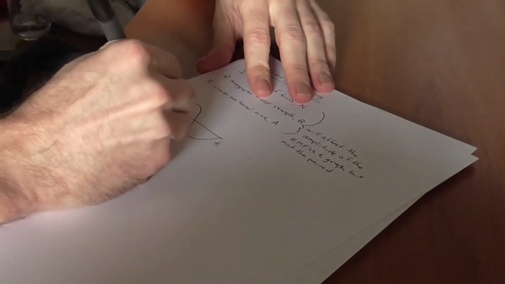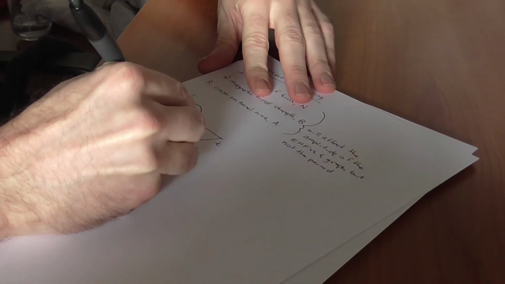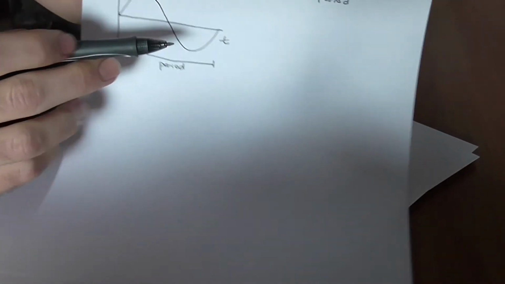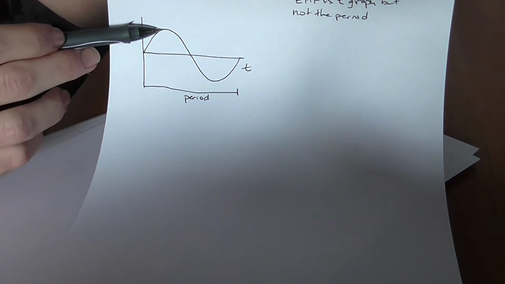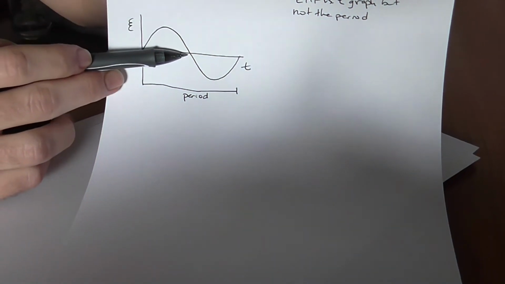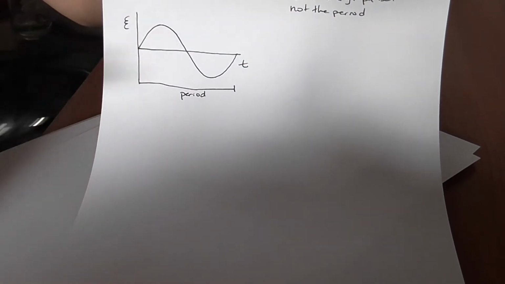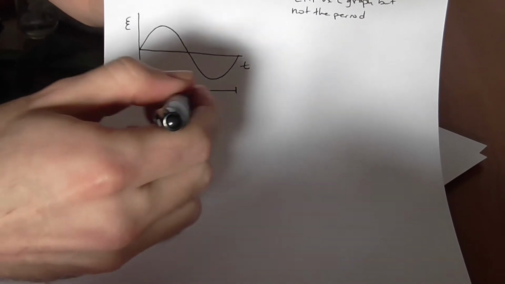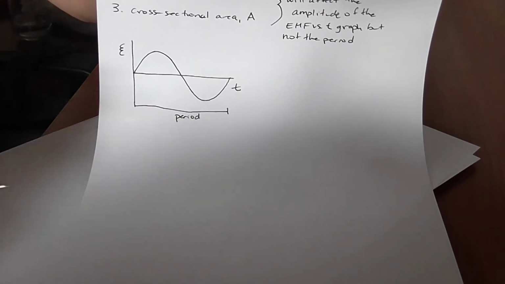Now, this here is the period. So this is the amount of time that it takes to go from the beginning, so this would be like 0, 90-degree rotation, 180-degree rotation, 270-degree rotation, 360-degree rotation. So this is the amount of time it takes to complete a full rotation, right? It's a cyclical graph.